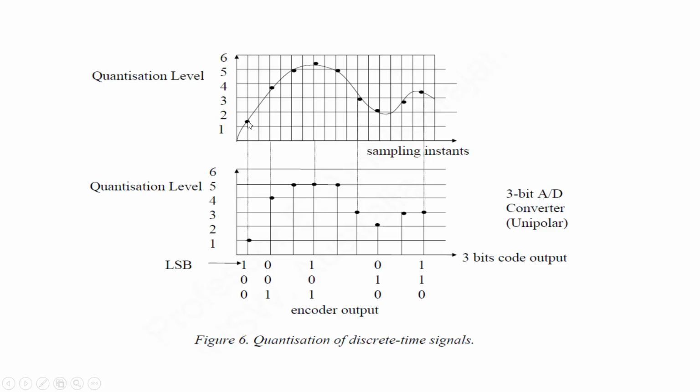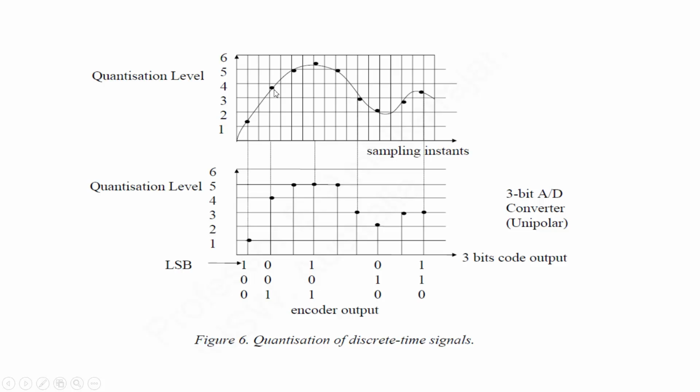This whole axis is divided into levels from 0 to 6: 1, 2, 3, 4 up to 6. The dot here shows the sampled value at that particular instant. This is closer to 1. If it is closer to 1, it will be allocated a code of 001.